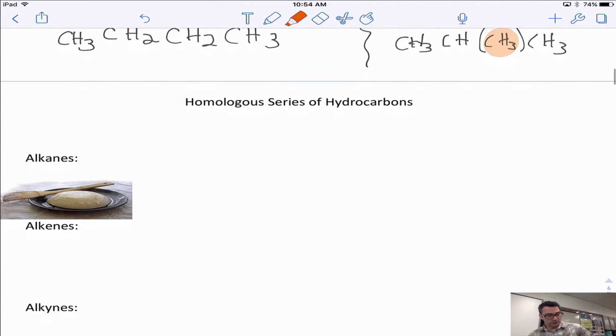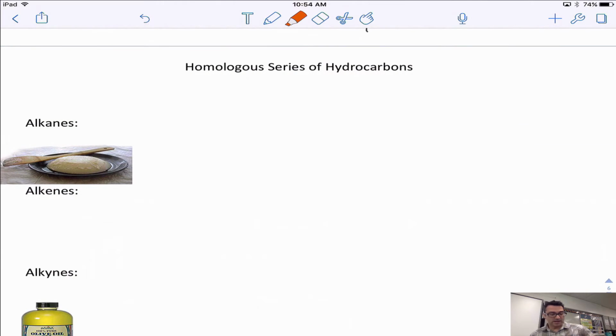All right, let's talk about the three types of hydrocarbons called homologous series. The first type is an alkane. An alkane is a saturated hydrocarbon, much like the saturated fats that you see here.